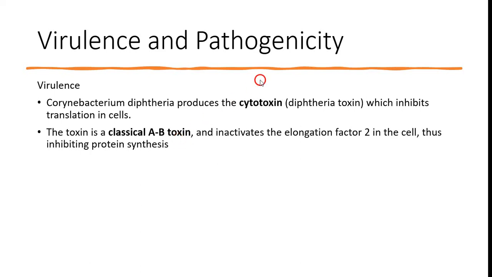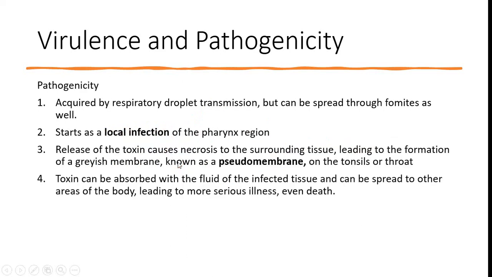In particular, the cytotoxin is that classic AB toxin that we discussed in a previous unit, in which the B part does the binding, which makes it specific for particular tissues, and the A part of the toxin is the active substance that is going to help shut down protein synthesis by inhibiting translation.